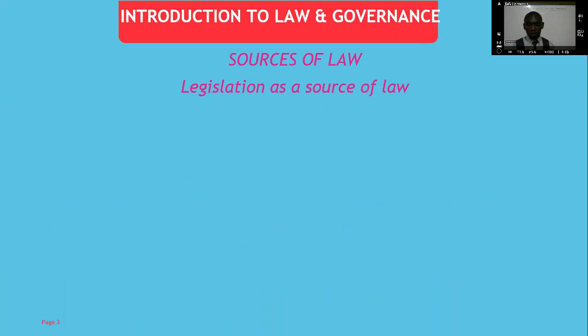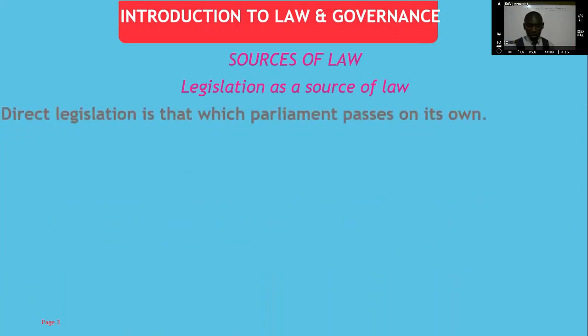Now, direct legislation is legislation that Parliament passes actively on its own. So it will be introduced by a bill, discussed, takes the 5 stages, and goes to the President for assent. And therefore, it becomes a direct legislation.